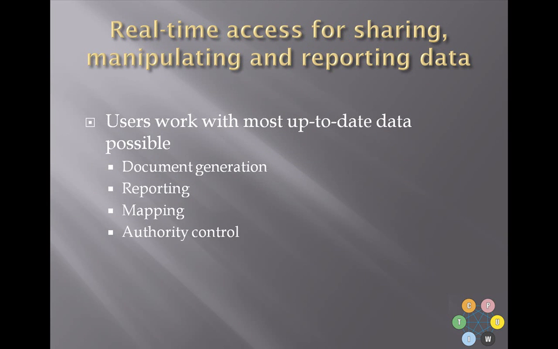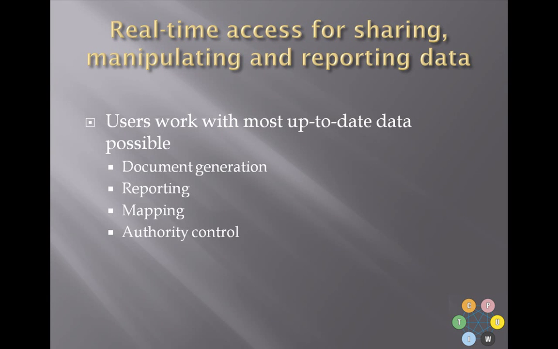So the data that is put in can be used for document generation, like executable leases or seismic permits, that type of thing. Reporting, so we'll have ownership reports, LPRs, lease schedules, that type of thing. The mapping, once the mapping is linked, there's no need to update the map, so when somebody makes a change to the data, the online map automatically reflects the changes in that data.